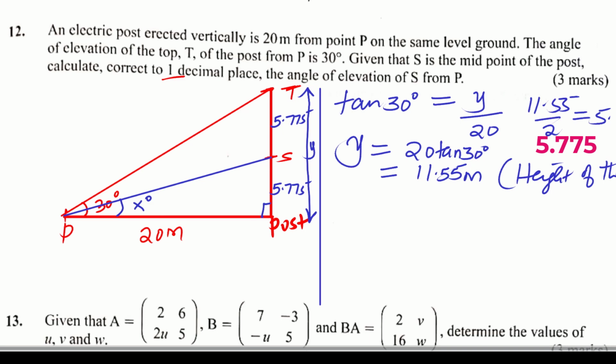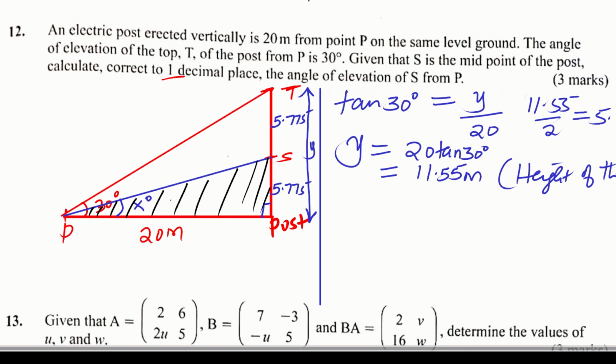Now having that, we can consider using this triangle, and that will give us the angle of elevation of S from P. Using this triangle I've shaded here, remember we are calculating this angle X, the required angle.